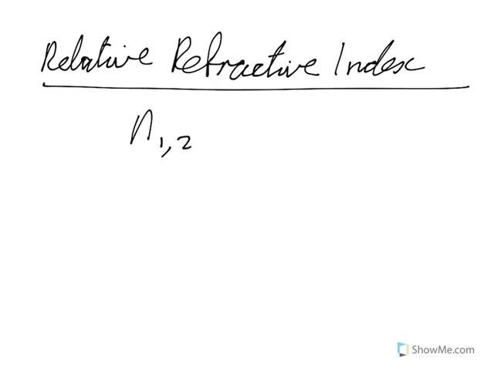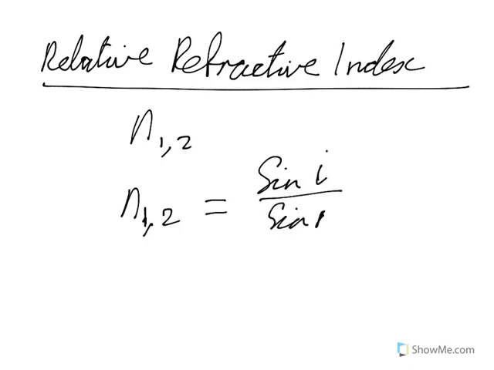Now when we look at the bending, and then a little gap here under that first little introductory paragraph, we find that the refractive index of going from substance 1 to 2 is sine i over sine r. So the sine of the angle of incidence over the sine of the angle of refraction.